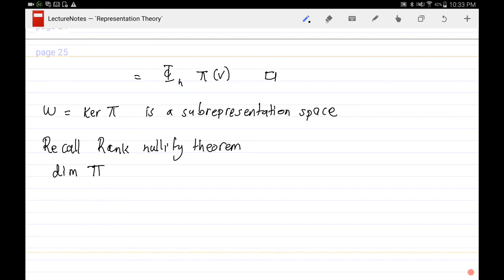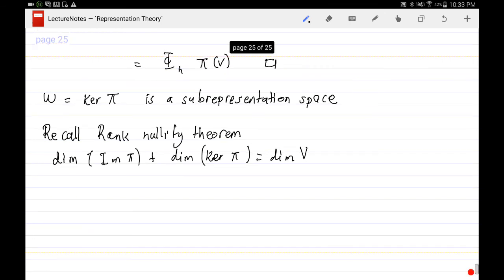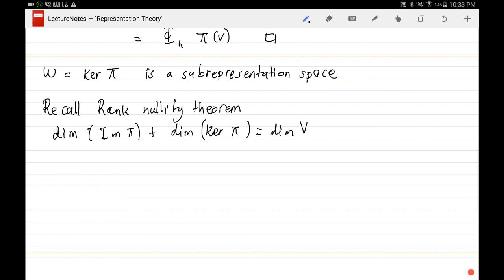The dimension of the image of pi plus the dimension of the kernel of pi should equal the dimension of V. And of course you can see that what this gives us is that U direct sum kernel of pi is V, and so we can set W equal to the kernel of pi.